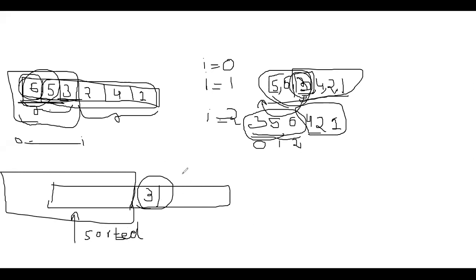So how we will do is we will compare this 3 with the element before this. Is 3 greater than this? If 3 is greater than this, then does this mean this array is sorted? Yes or no? If 3 is smaller than this, we swap these two elements. Let's say I had a 6 here. So now I will have a 3 here and a 6 here.